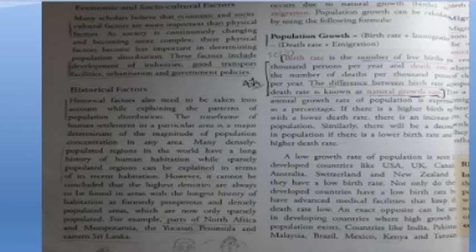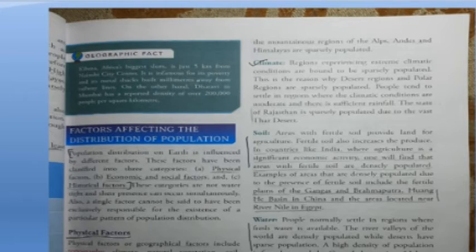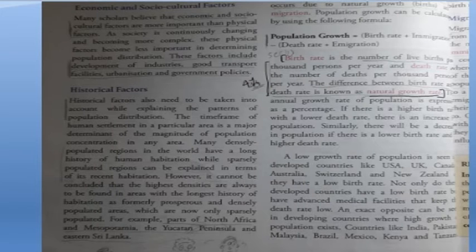Then come to the next page. This complete, and then economic and socio-cultural factors. Many scholars believe this, also read this. This complete. Okay, so this is answer fifth A, and now the fifth B.